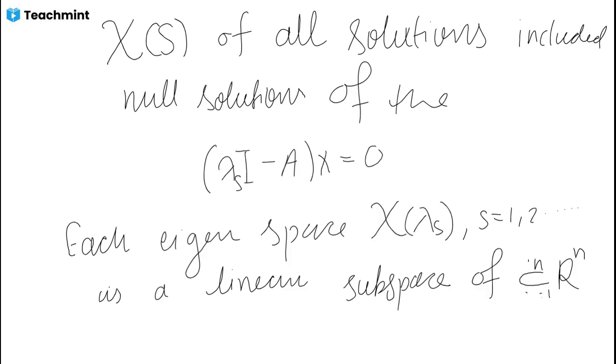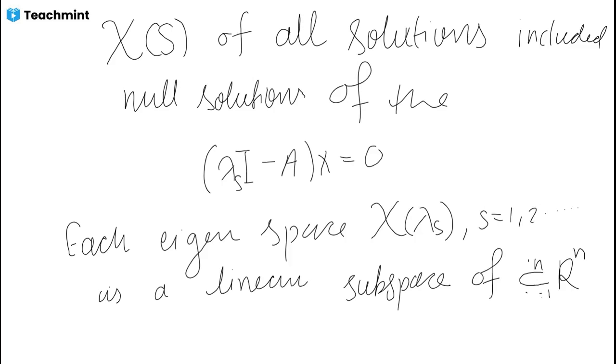Okay, so let us see the next proposition. For every real matrix of order n by n, the first part is: lambda belongs to R if and only if chi lambda is a subset of Rn.